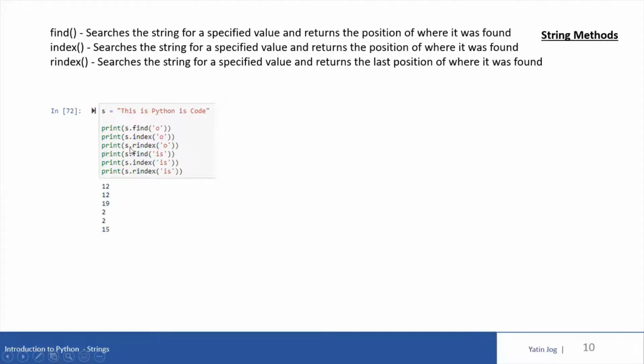Now if I try to use rindex with lowercase o, what is rindex? It searches the string for a specified value and returns the last position of where it was found. Last position, not the first. So starting from the first location, it will start finding lowercase o, but because of rindex, even if it finds lowercase o here, it will keep finding if another lowercase o is present.